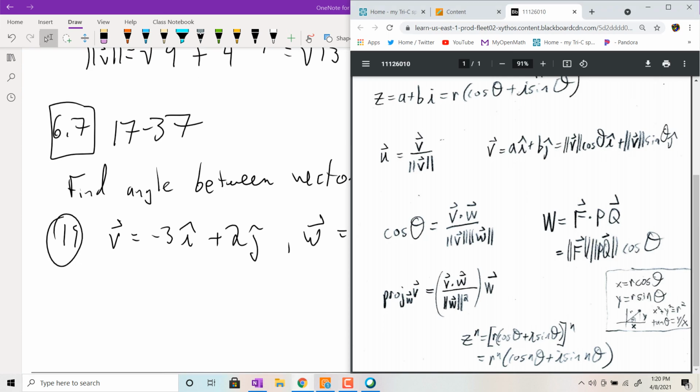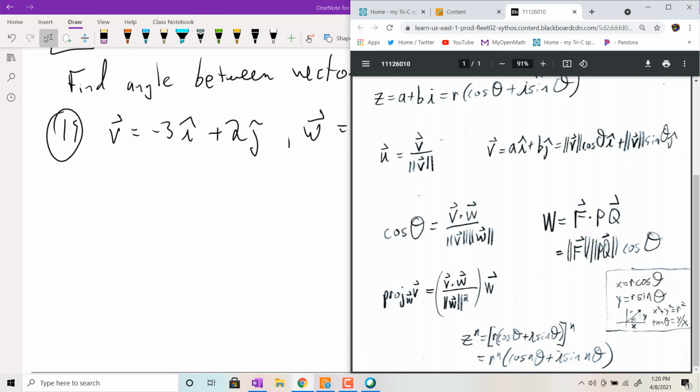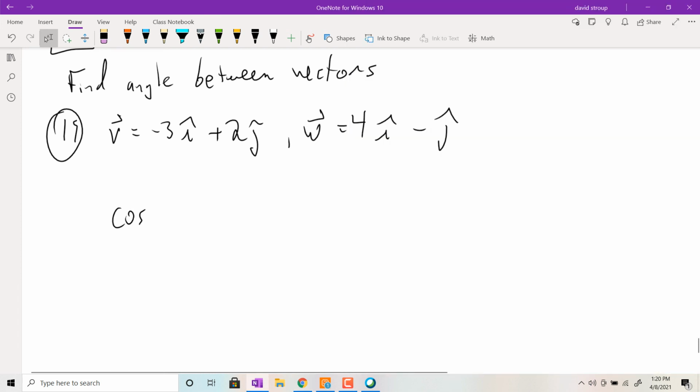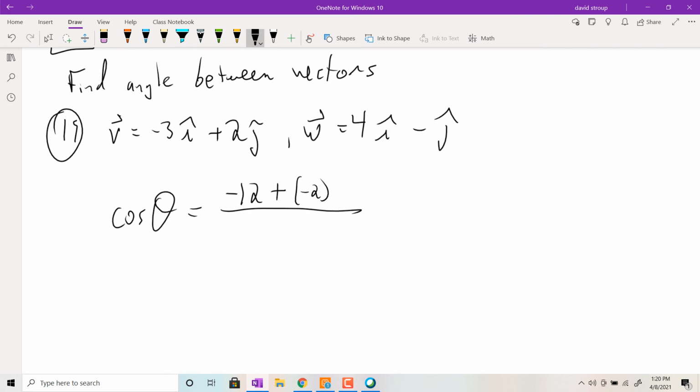The cosine of theta equals the dot product over the magnitudes. So I have cosine of the angle between the vectors is equal to the dot product. For the dot product, just multiply the components and add them together. So negative 3 times 4 is negative 12, plus 2 times negative 1 is negative 2, all over the magnitudes.